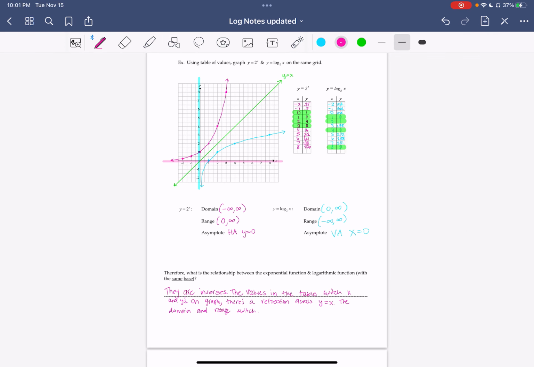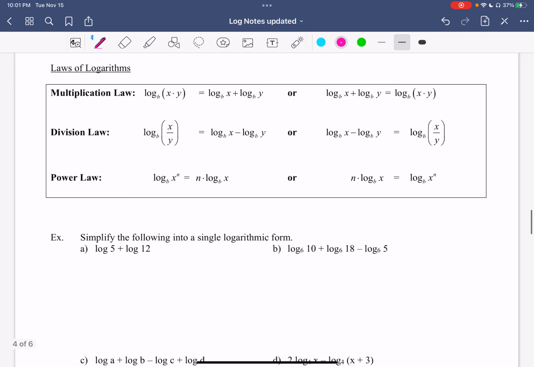So the laws of logarithms. So we have the multiplication law, the division law, and the power law. Okay, the multiplication law is also written as the product law. The division law is also written as the quotient law. Now for the product law, it's basically you have two logs with the same base, so log base b with different arguments, x and y, that are being added together.